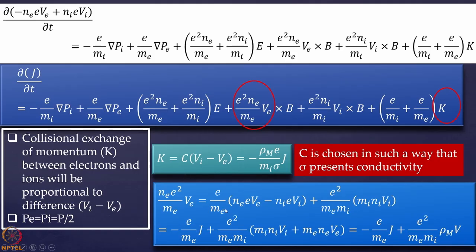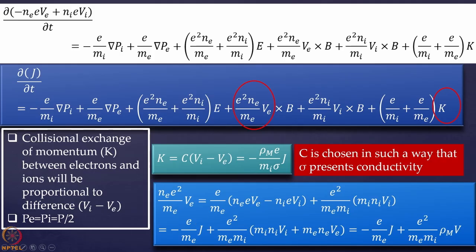But before that, we said that we need to rewrite this term e squared N_e by m_e into V_e in a different way, making some approximation so that we reach a meaningful expression which can give us insight into the problem. So I am doing that: N_e e squared by m_e into V_e equals N_e e by m_e into N_e e V_e. You see that I have taken one e out over here, so N_e e is there and N_e e V_e is coming over here.